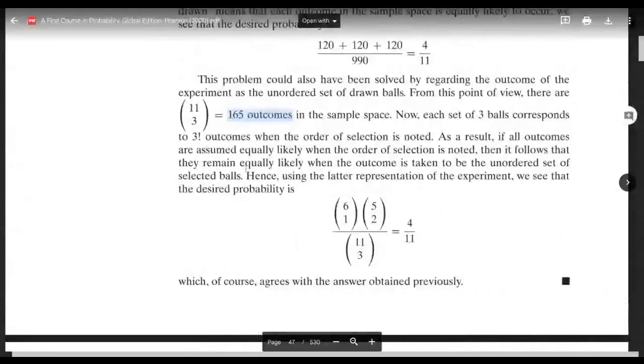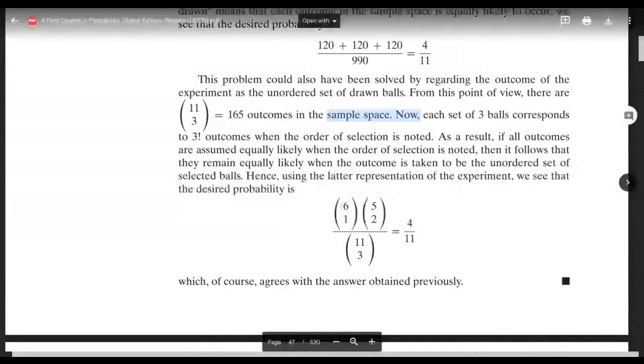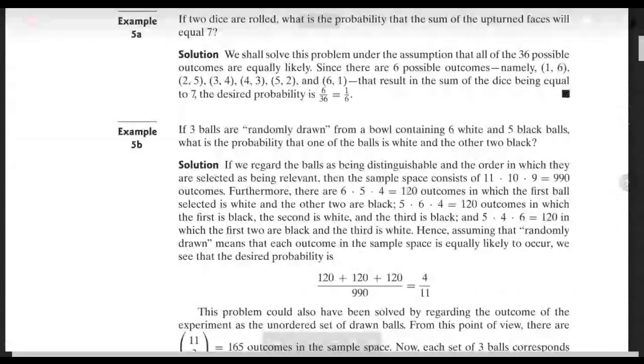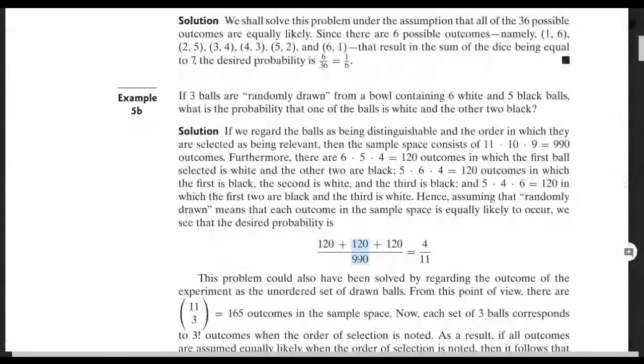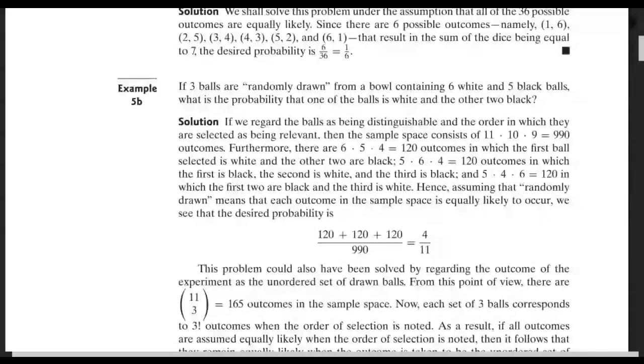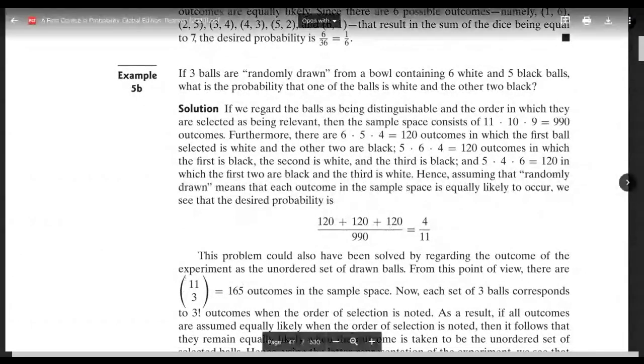But the event has to be relevant to this sample space. All right, so we have to be consistent in considering the situation of probability in the same realm. Anyone has any questions?